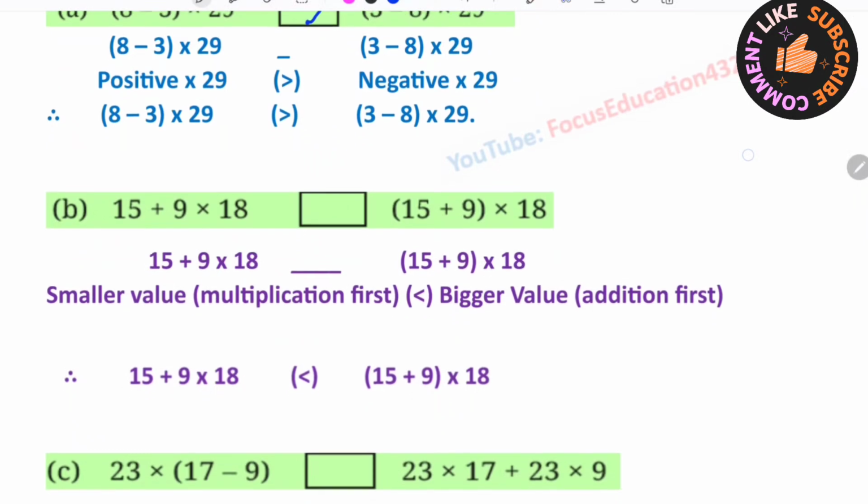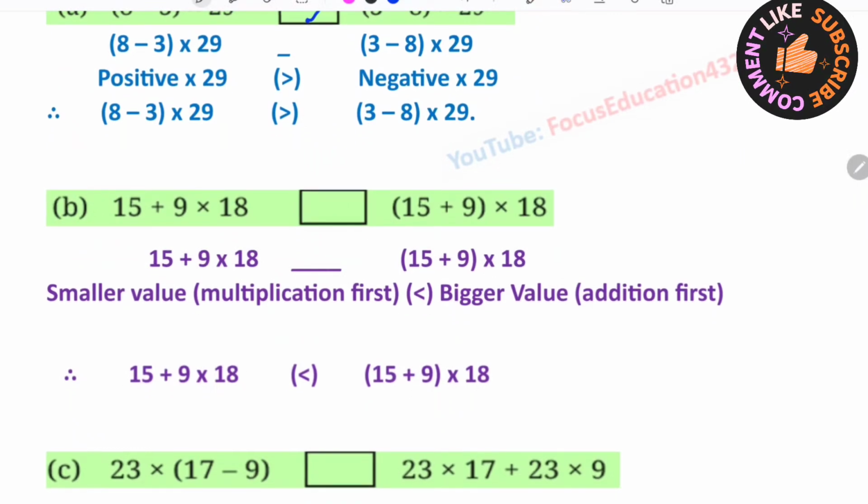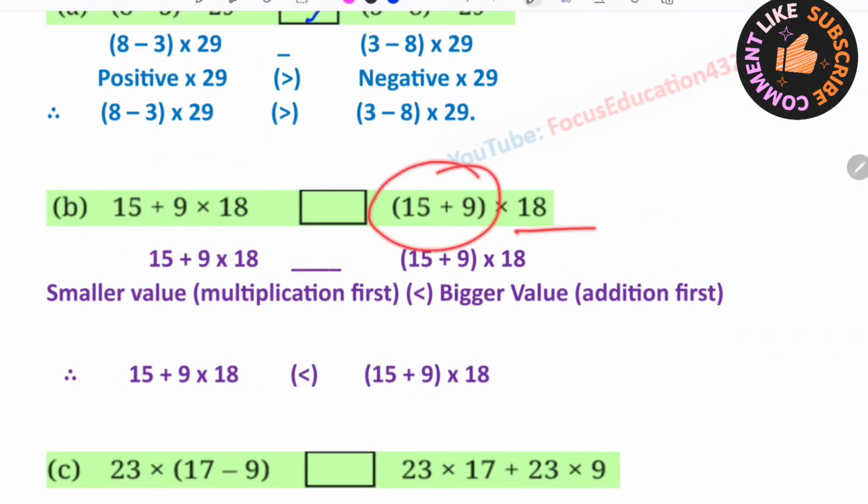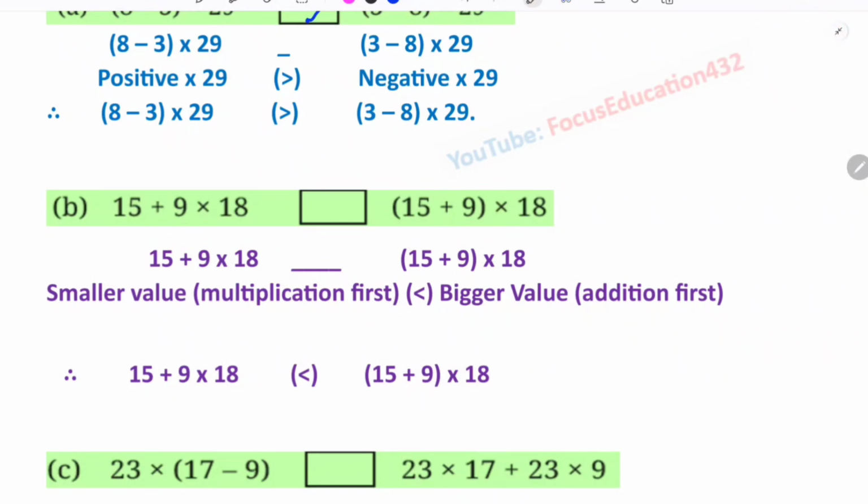Now the second bit we will see: 15 plus 9 multiplied by 18, and 15 plus 9 multiplied by 18. In this case, bracket we have to do first.